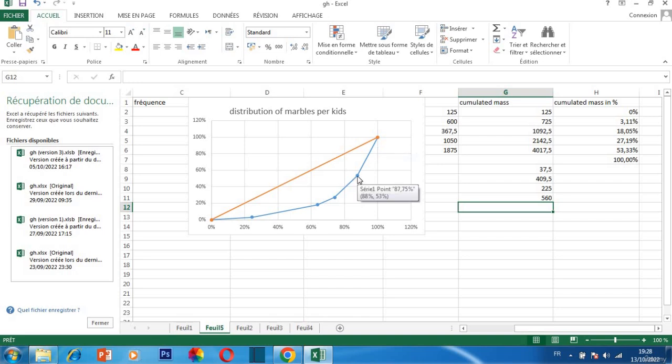So we have here 88. 100 minus 88, this is the height for it. The height, 100 minus 88 equal 12.